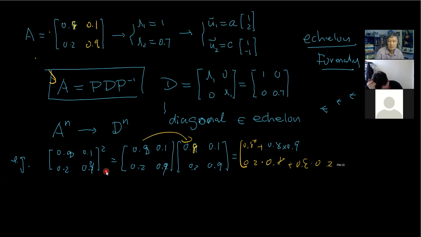And then 0.1 times 0.8. Hang on, that particular one, 0.2. Did you choose this one? Sorry, hang on. You are right.